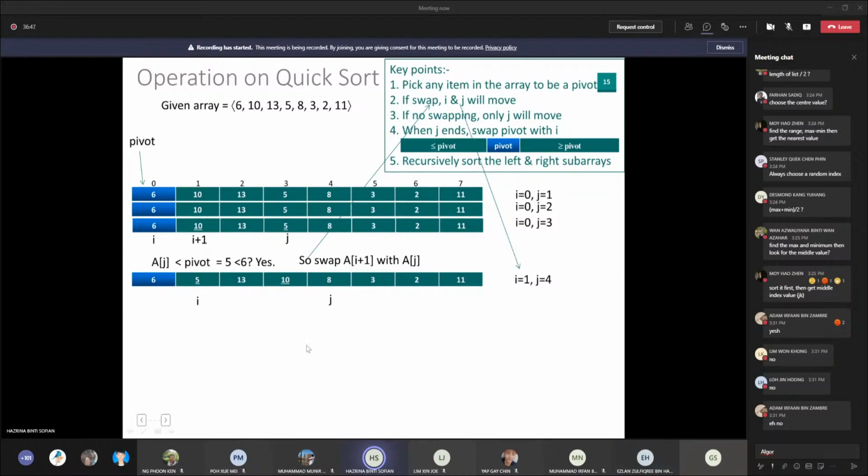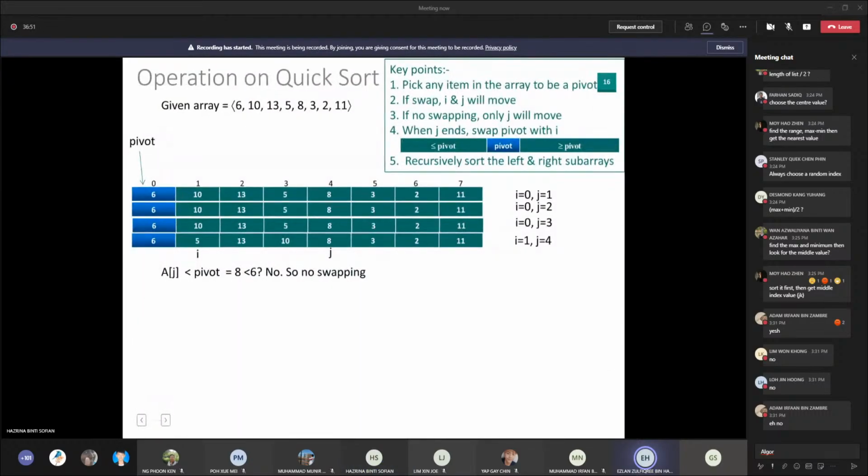Okay, so now what happened? Compare i with j, and since j is smaller than i, there's no swapping, so only j will move, and i remains. Okay, almost there. We don't compare i and j. We compare j with the pivot.